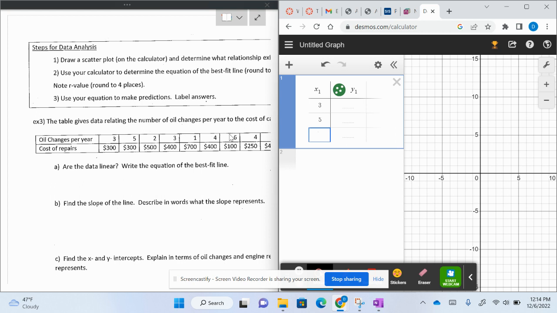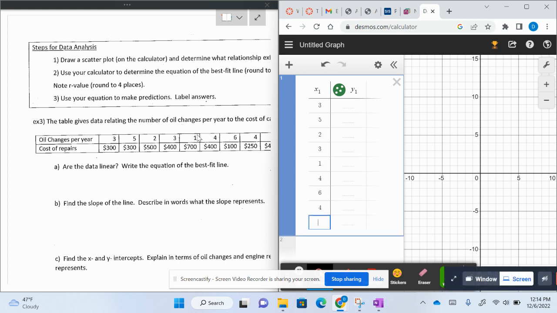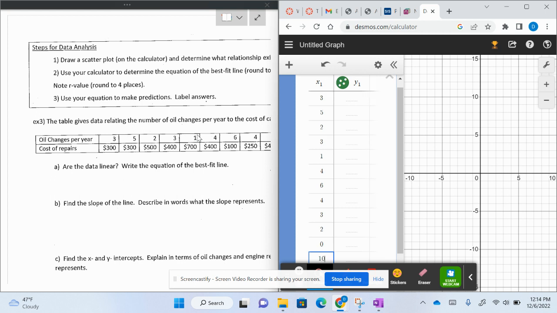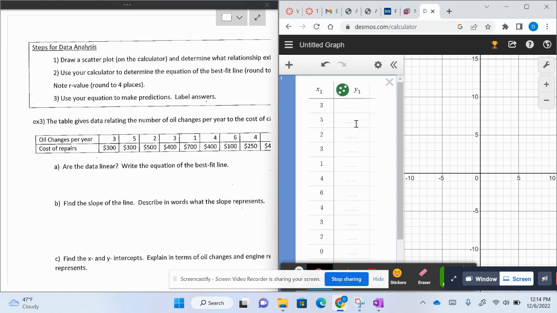Your next X value is 2, 3, 1, 4, 6, 4, 3, 2, 0, 10, and 7. If you missed one, that's what your partner's there for, to help you catch up.